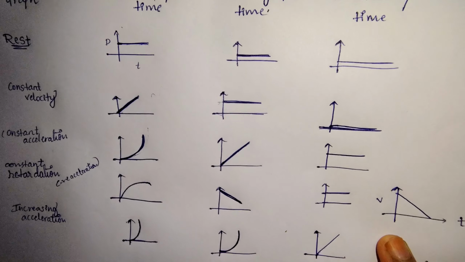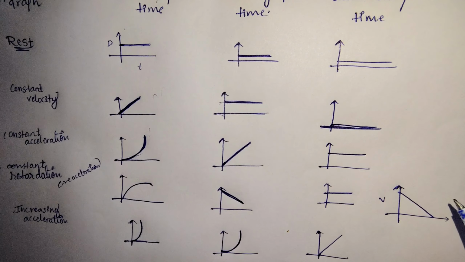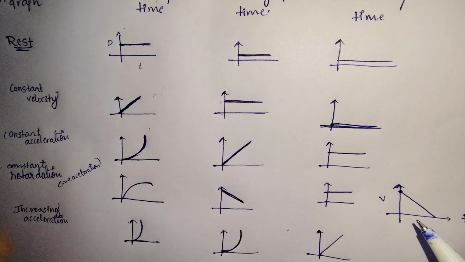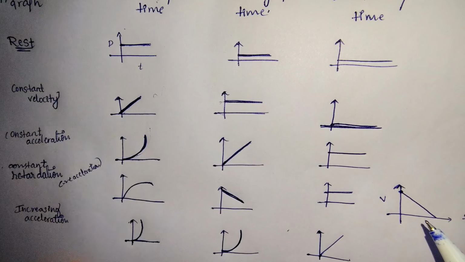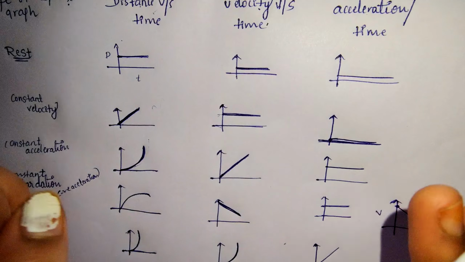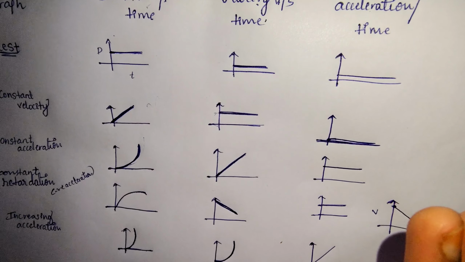See this graph. What it means is the object has some initial velocity, so it is not starting with zero velocity. If I am starting from the origin, it means that, see, in every question they will not mention everything that is given.